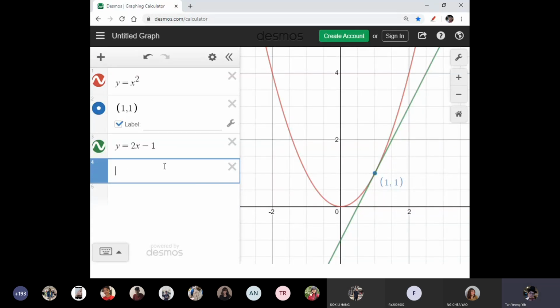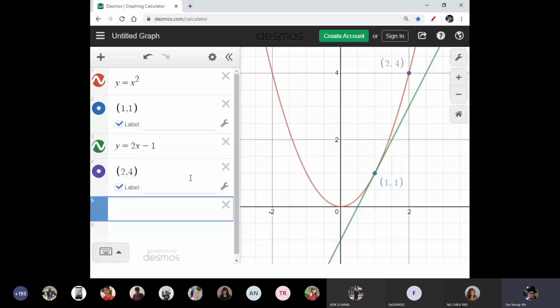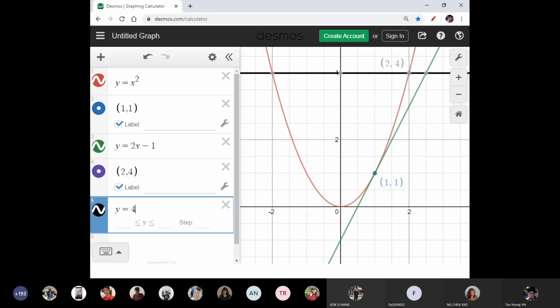Sorry, it's supposed to be the point 2, 4. So it's not the tangent line for this point. Therefore, this tangent line cannot find the slope for this point. I need to find another tangent line for this point, so I need to draw another line.